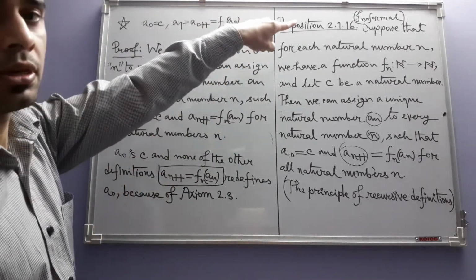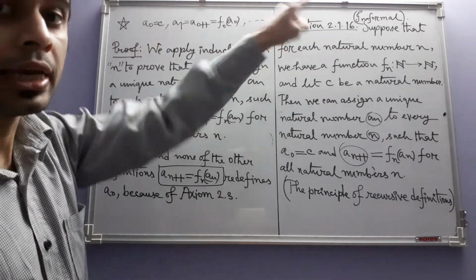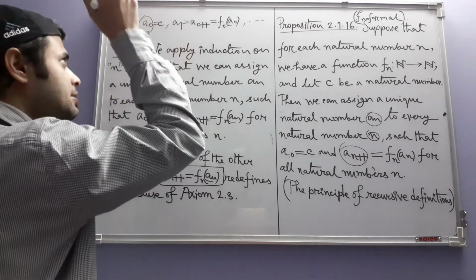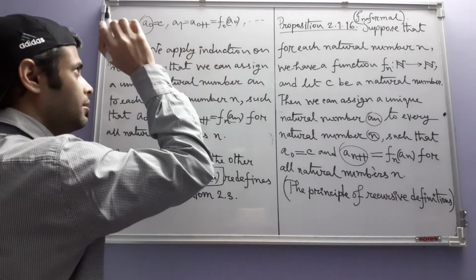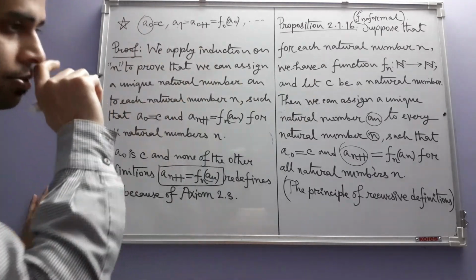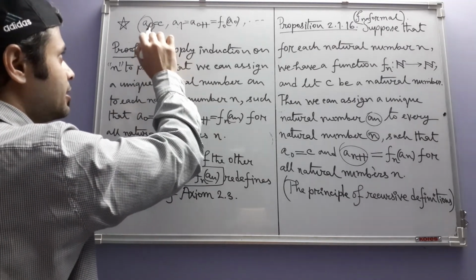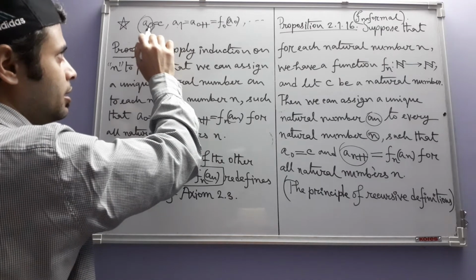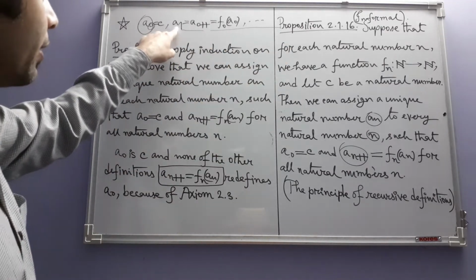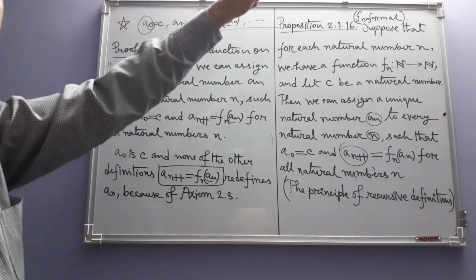In this process, the value c of a naught does not change. Why? Because a naught appears here only. This 0 that is appearing as a suffix here will not appear anywhere else on the left hand sides of these equations defining the terms of the sequence.